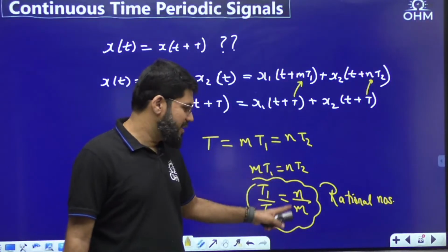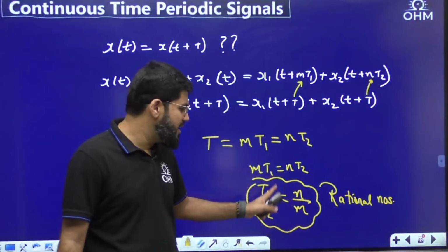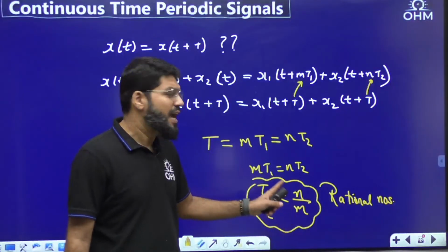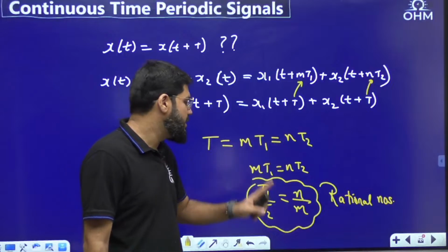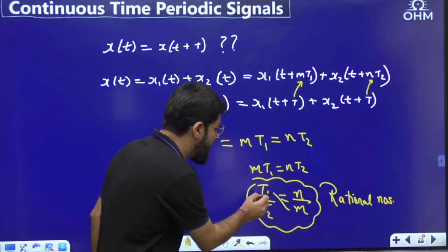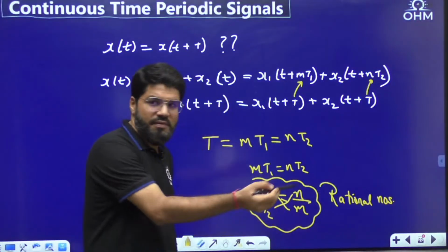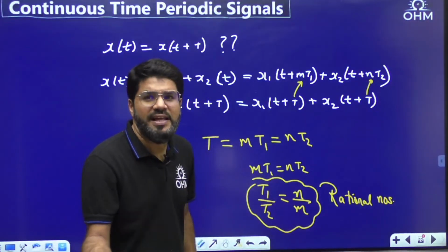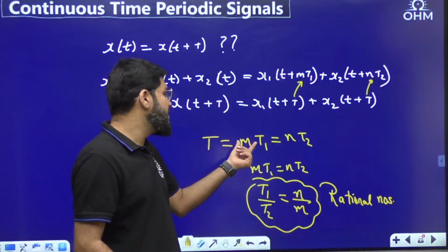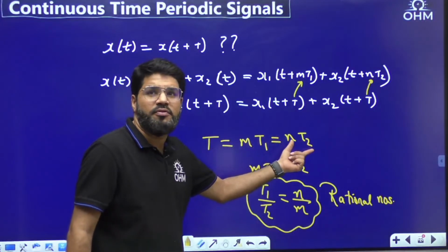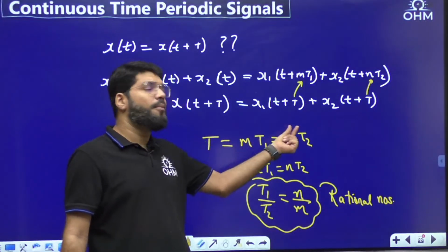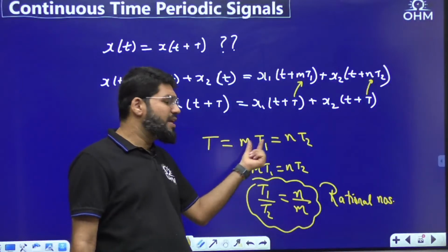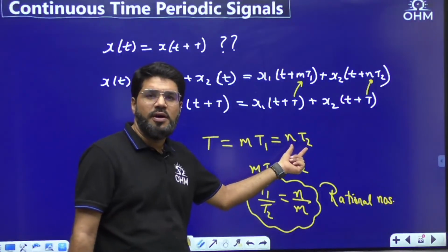This is the test finally: if it is periodic, T1 by T2 should be a ratio of integers, and the time period is mT1 or nT2. Just cross multiply here. We will learn with questions. Or you can directly take the LCM. The time period is a multiple of T1 as well as a multiple of T2, which means it is the common multiple of T1 and T2.